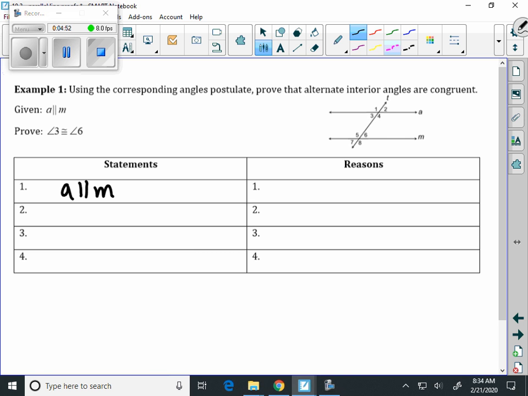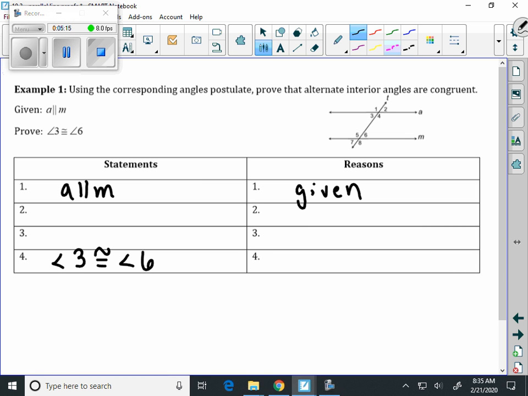Line A is parallel to line M, and that's given, as well as what we're trying to prove. So even if you can't do anything else, you should be able to fill those in. Angle 3 is congruent to angle 6 is what we're going to try to prove.